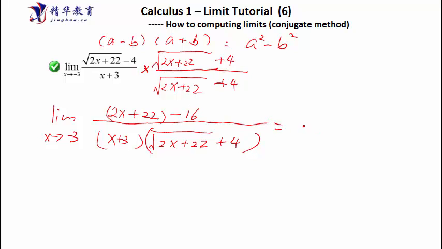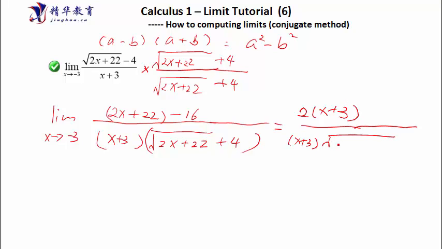The top part equals 2x plus 6, and then we can factor the 2 out, which gives 2 times x plus 3. Same thing, the bottom part is x plus 3.